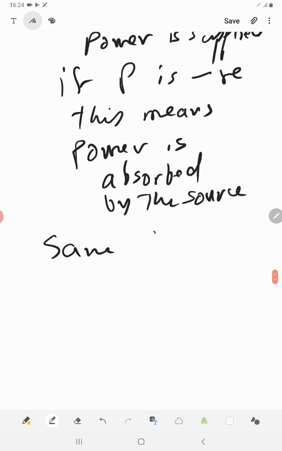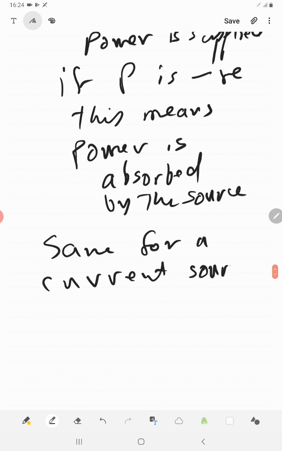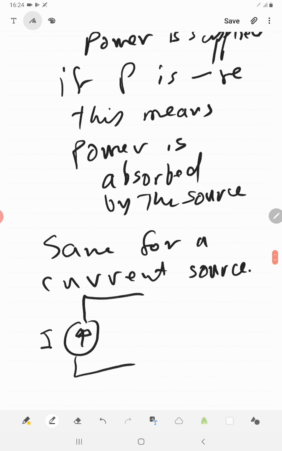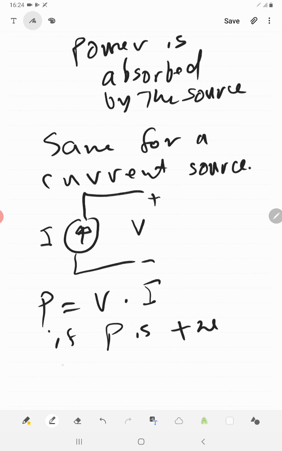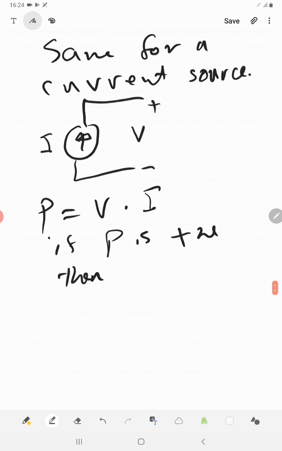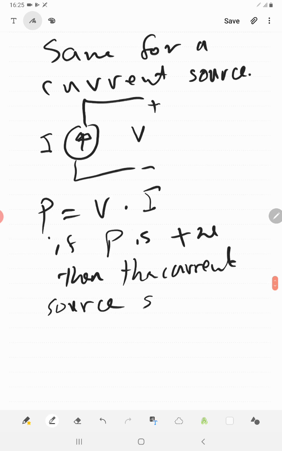Same for a current source. So if we have a current source, and we have I and plus minus V, then P is again V times I. If P is positive, then the current source supplies power.